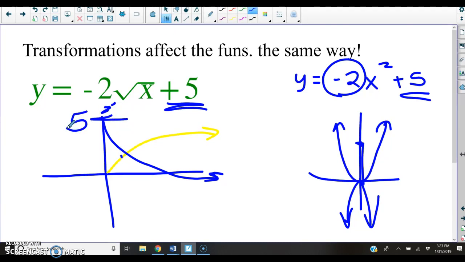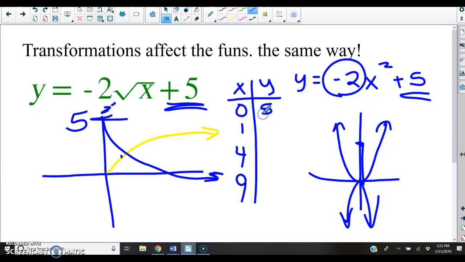And you could try some values. If you put 0, 1, 4, 9 in for x, the square root of 0 is 0 times negative 2 is still 0, plus 5 is 5. Square root of 1 is 1 times negative 2 is negative 2, plus 5 would be 3.